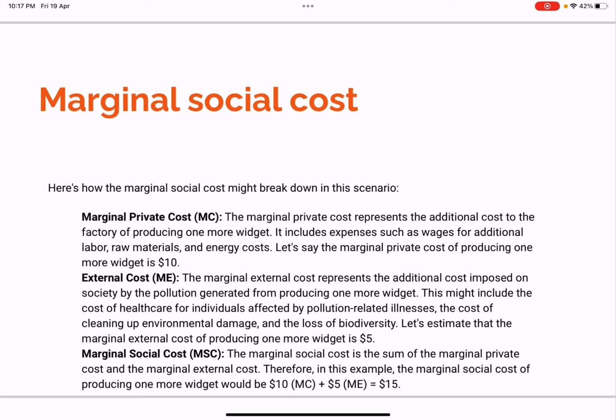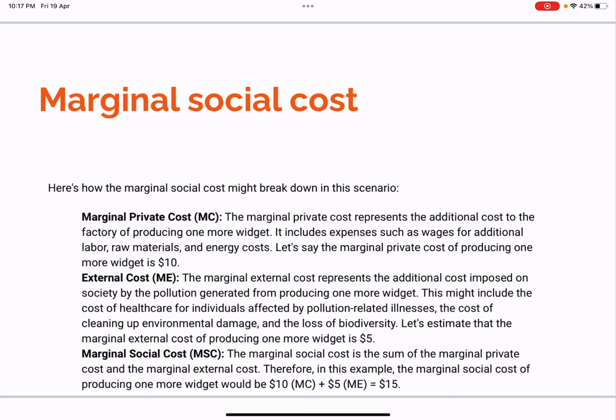So how do you break up that marginal social cost? The marginal social cost would include the marginal private cost, which is basically the additional cost of producing one more product, including the addition in expenses in the form of wages, raw material, and additional cost in energy.